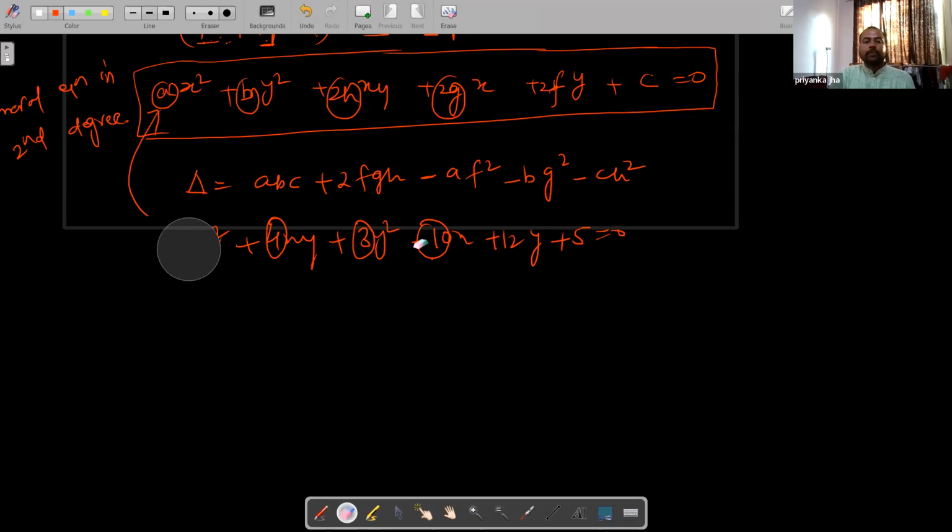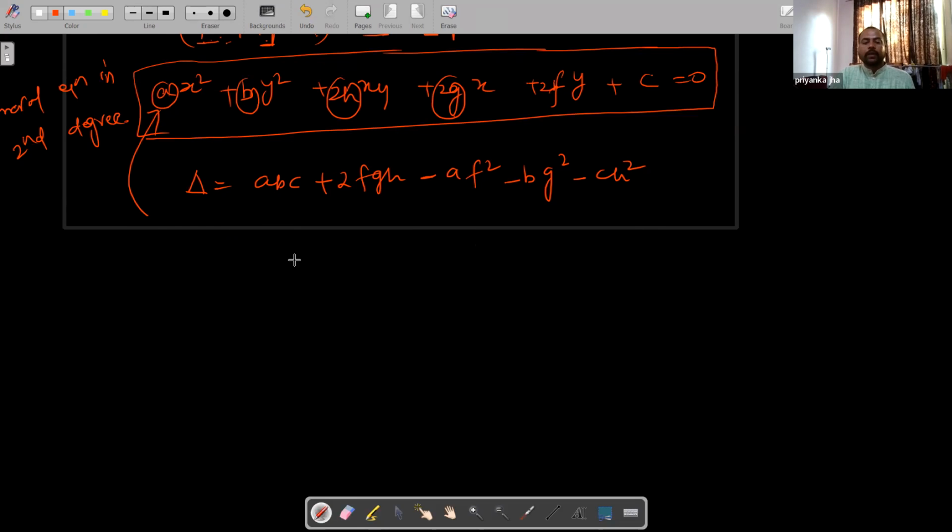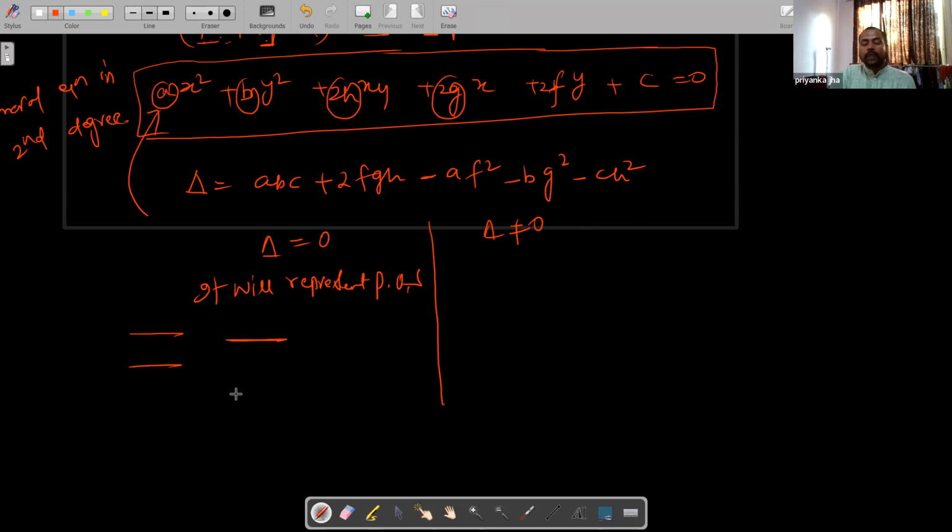Now, what you have to check is delta may be 0, delta may not be. If delta is 0, then this equation will represent pair of straight lines. Now, those lines may be parallel to each other, may be overlapping, may be intersecting, right?